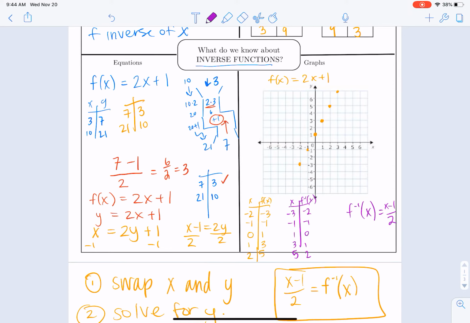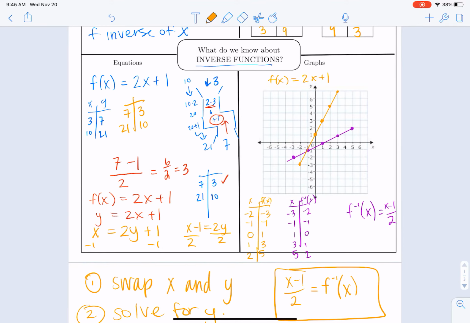I have -3, -2, -1, -1, over 1 and up 0, over 3 and up 1, over 5 and up 2. So I can come in here and I can nicely connect these dots, and I can connect these ones in my orange color. Awesome. So looking here, sort of what do you notice?